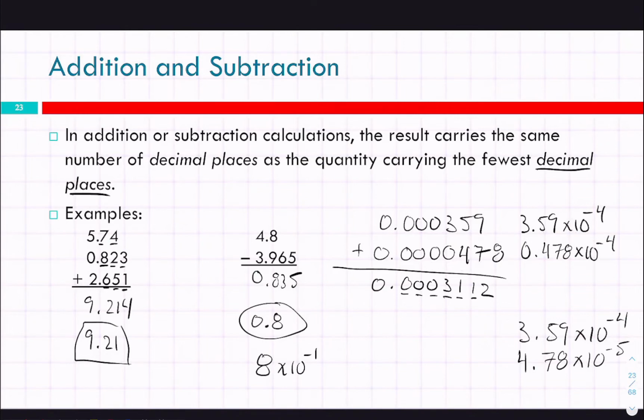So this is not in scientific notation, but because this number is so small, it's going to be easier to write it in scientific notation. So that would be the final answer that I'm looking for. Just know that scientific notation doesn't change the quantity of the number. It just changes how we write it.